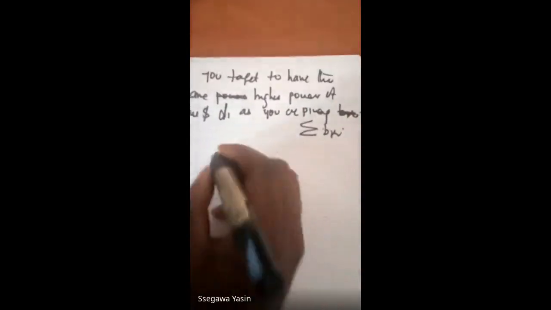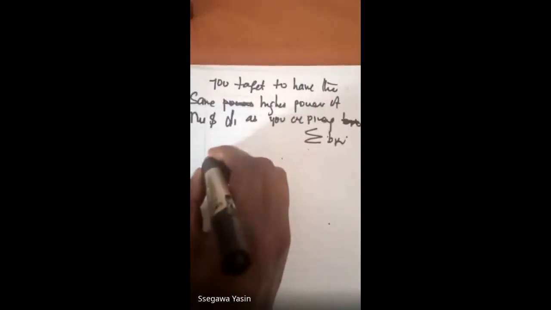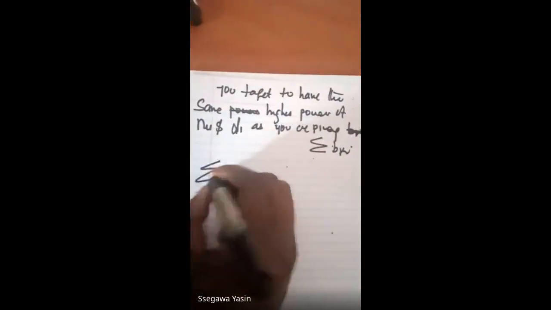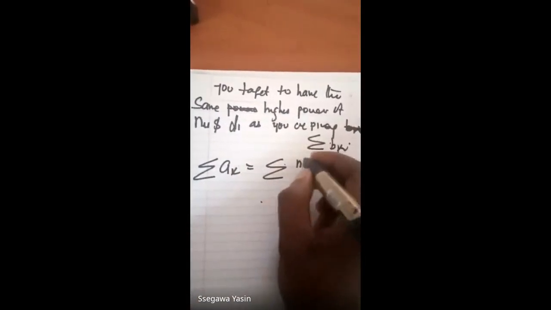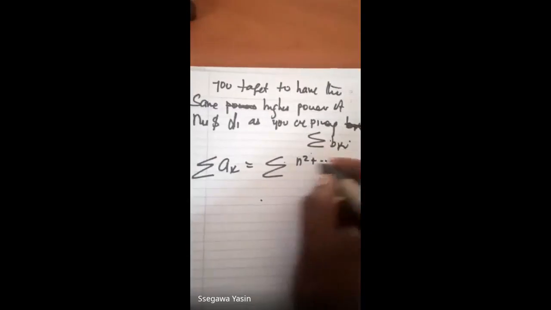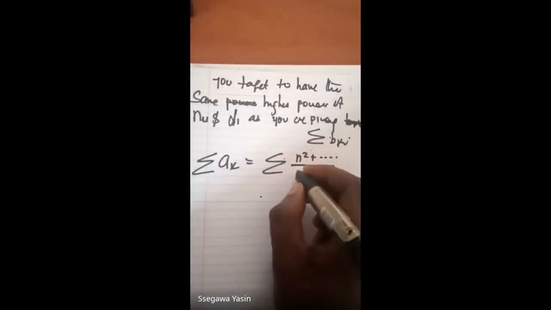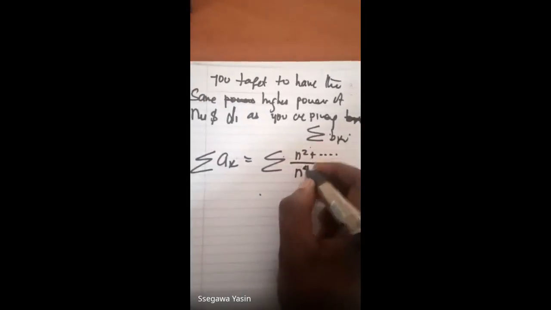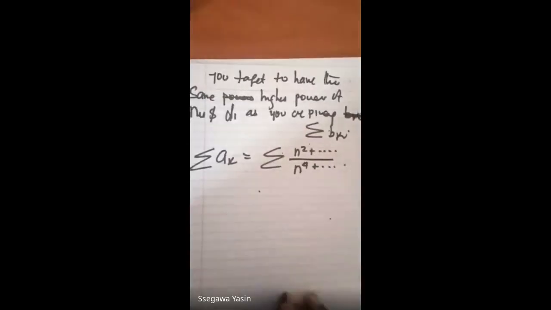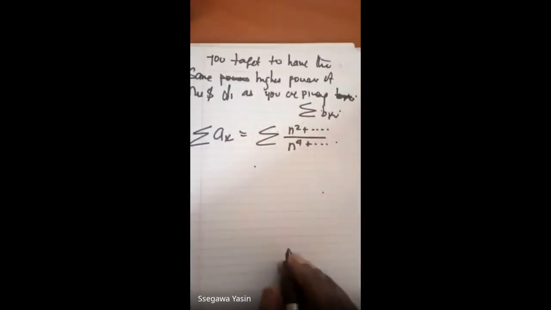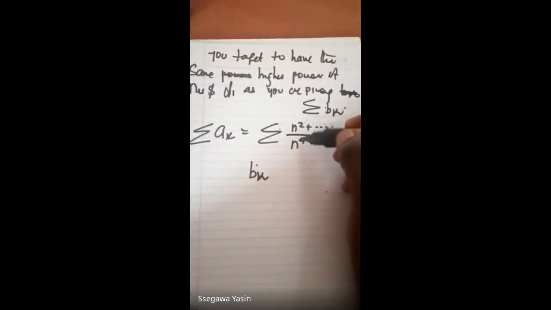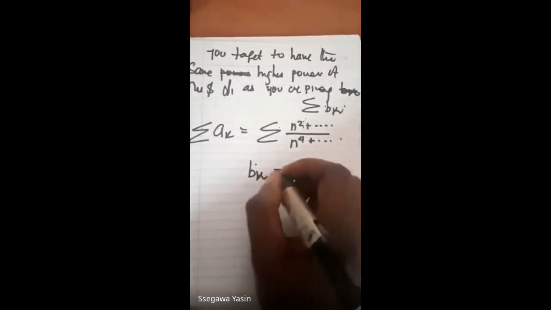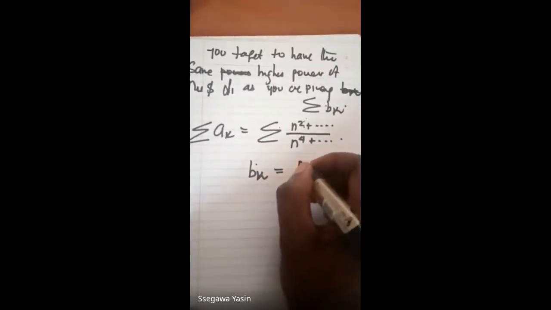What does it mean? If I have a series AK equals maybe n square plus blah blah blah over n to 4 plus blah blah blah, what will be my BK? I will pick BK such that when I divide these two, it takes me to power 4, meaning that I will pick BK with the highest power of 2.